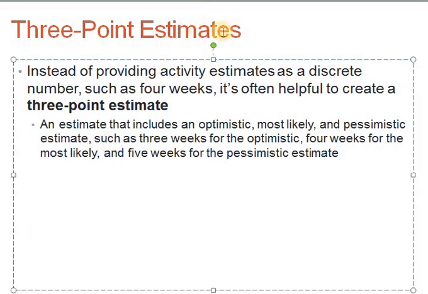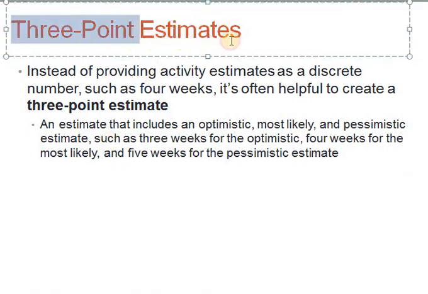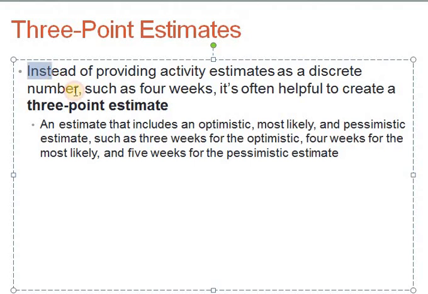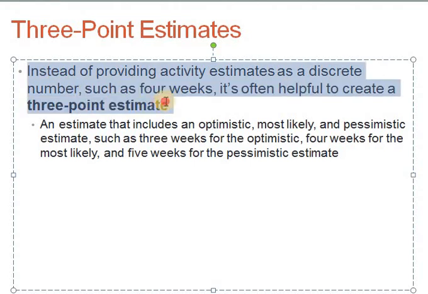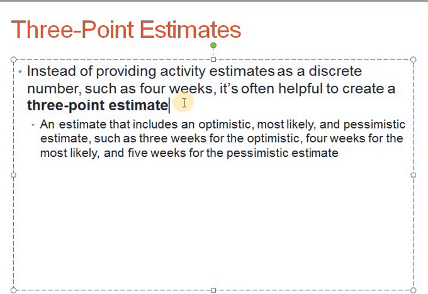So now we will see what the 3-point estimates are. Instead of providing activity estimates as a discrete number such as 4 weeks, it's often helpful to create a 3-point estimation.